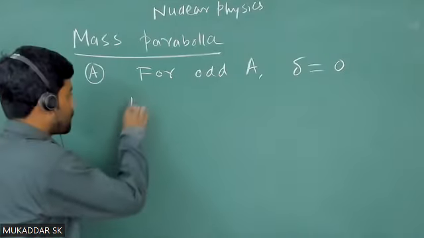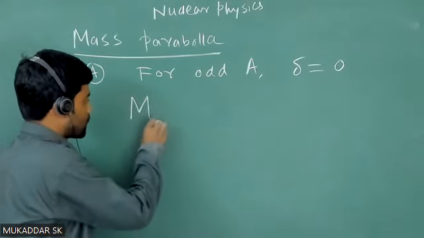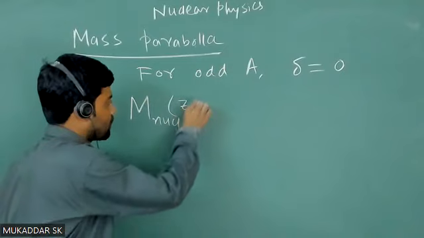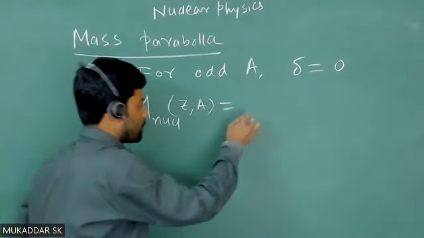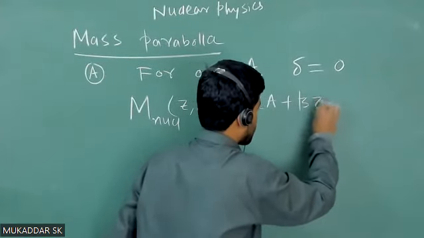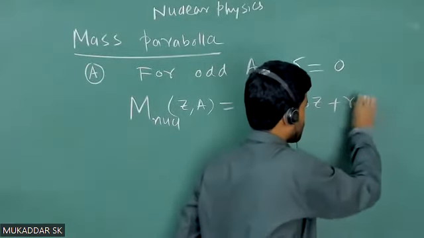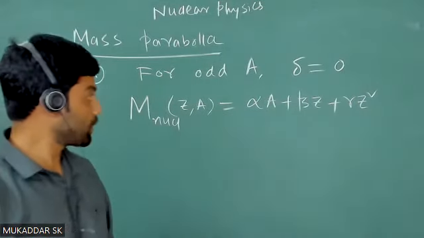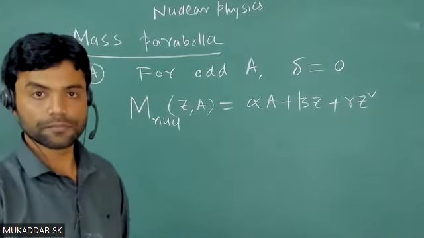Now the mass of nucleus for odd mass number, क्या लिख सकता हूं मैं? Will be alpha A plus beta Z plus gamma Z square. I can write because here delta is 0.